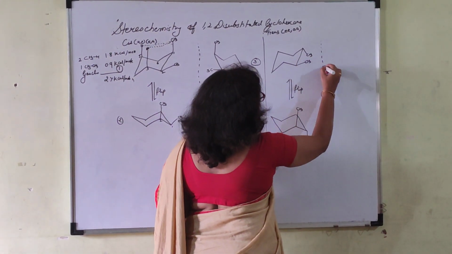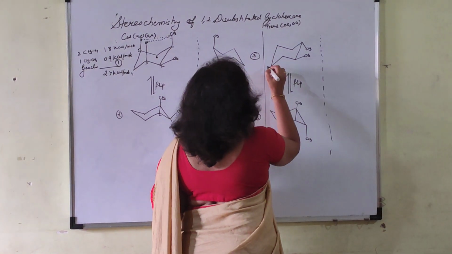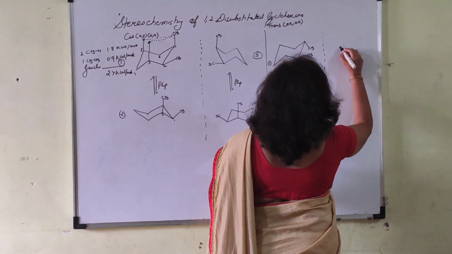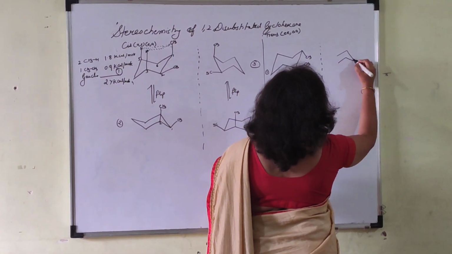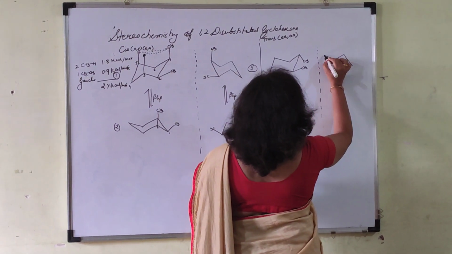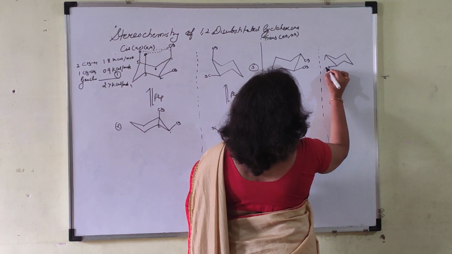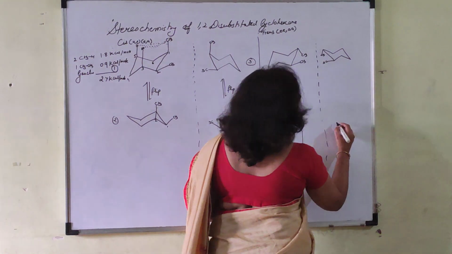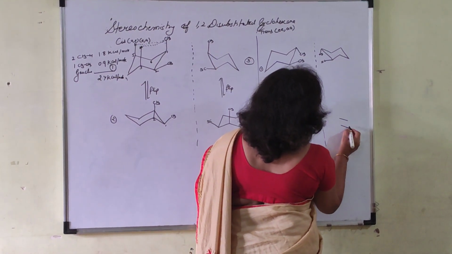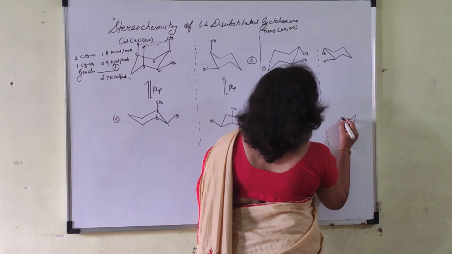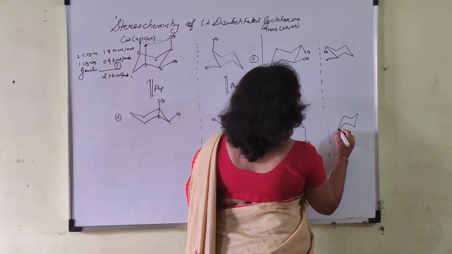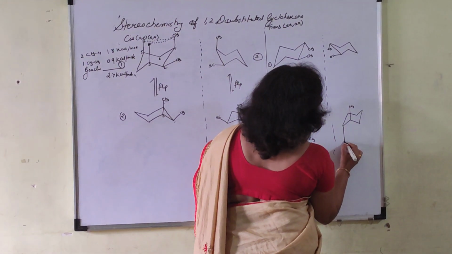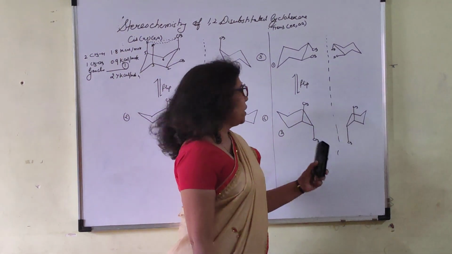Let us take the mirror images of these two compounds. Compound number 1, compound number 2. So these are the two CH3 groups, and if you go for this, these are the mirror images.